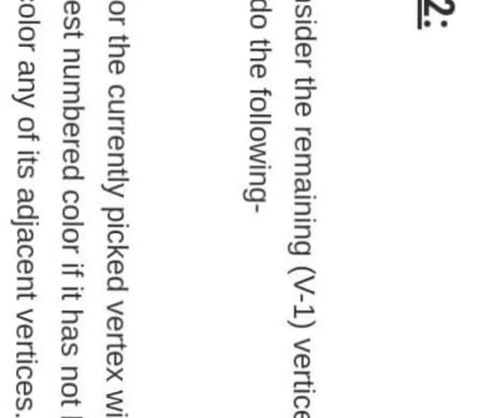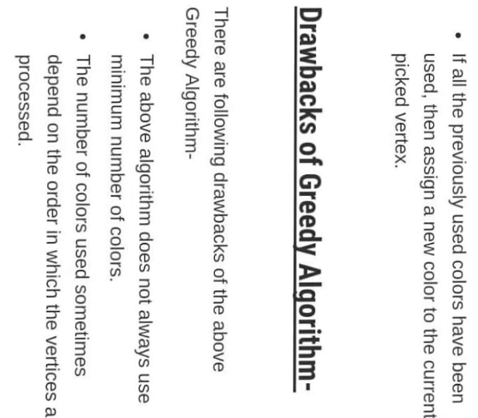The second step is to consider the remaining V minus 1 vertices one by one and do the following process. Color the currently picked vertex with the lowest numbered color if it has not been used to color any of its adjacent vertices. If all the previously used colors have been used, then assign a new color to the currently picked vertex.